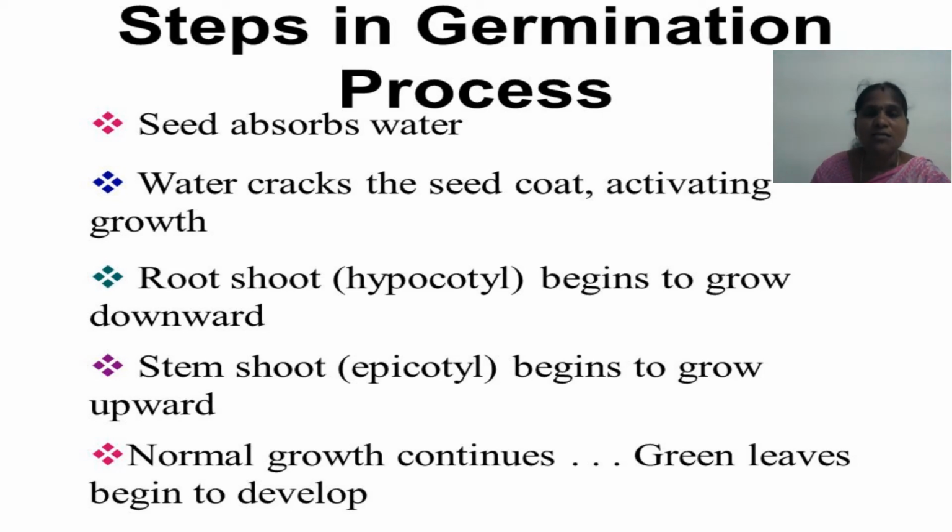The process of a seed growing into a seedling we call germination. What are the steps in germination? In this process, a small seed will grow into a plant. How? What are the steps?